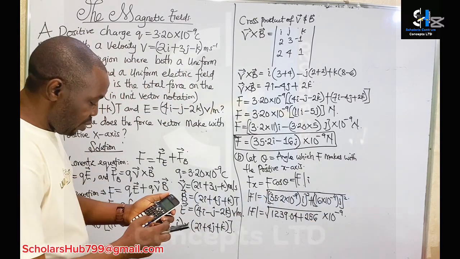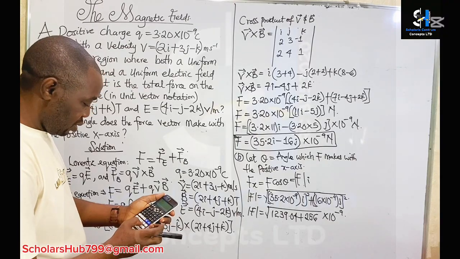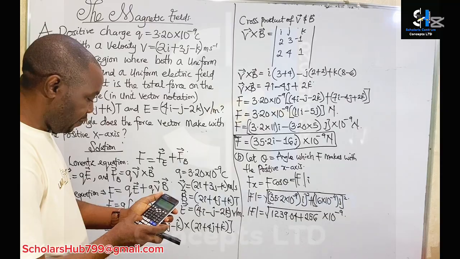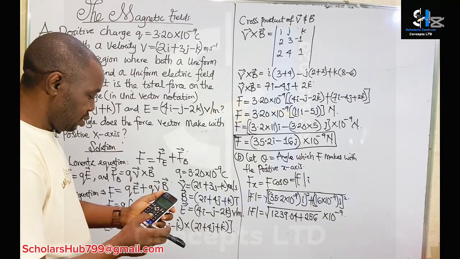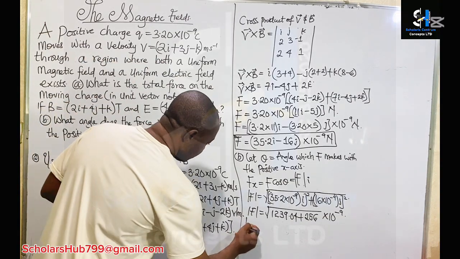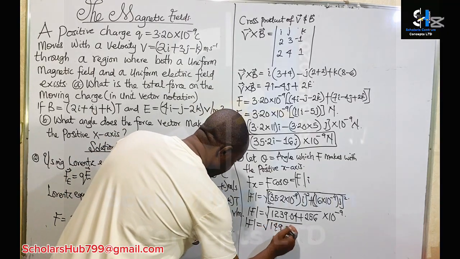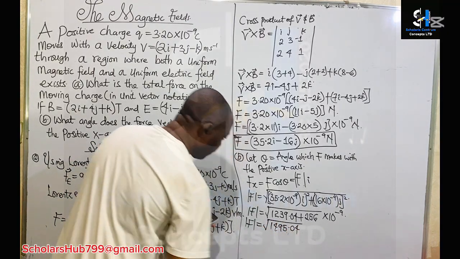Now, when we add 256 to 1239.04, that would be 1495.04. So we have the magnitude of f to be 1495.04.